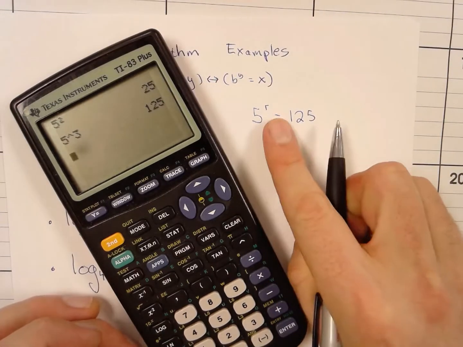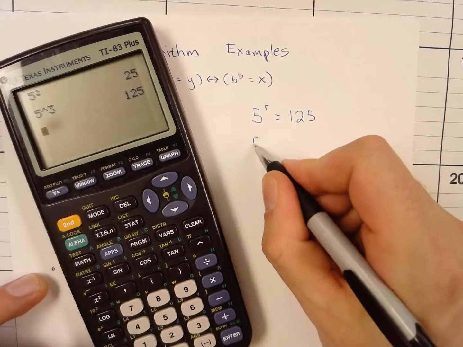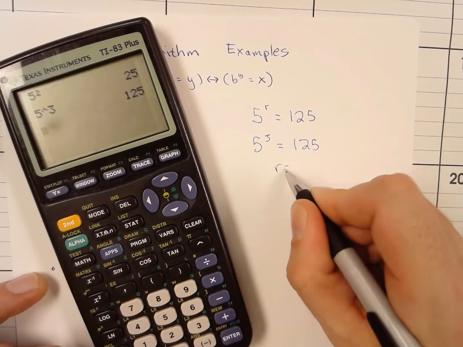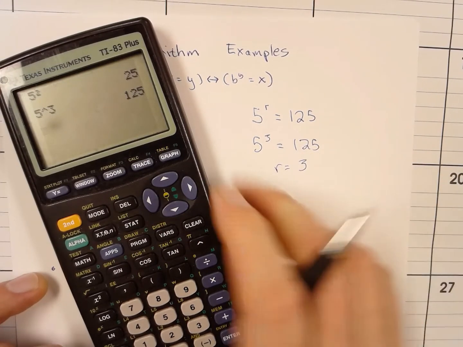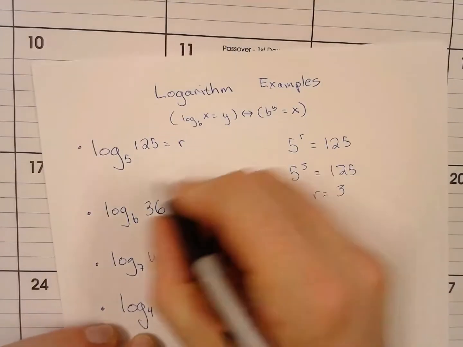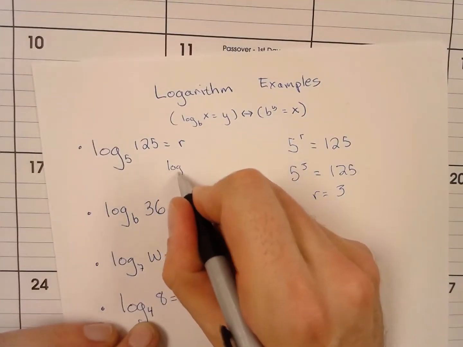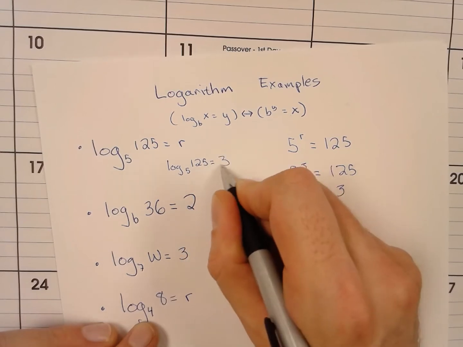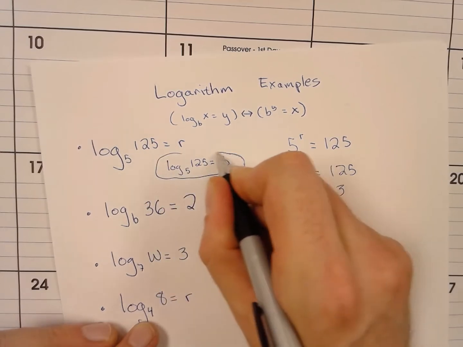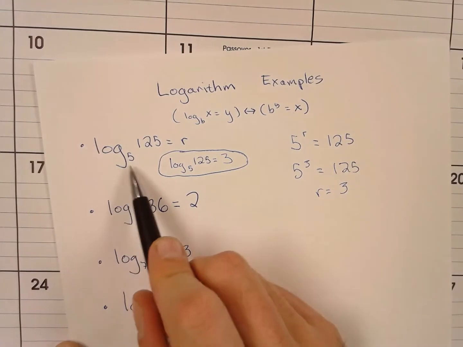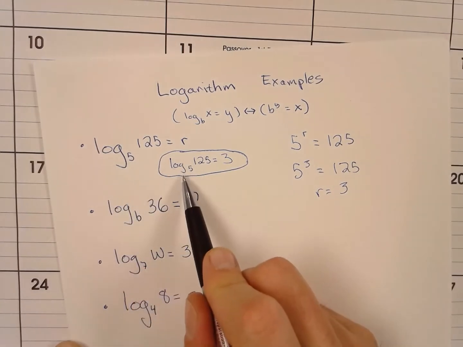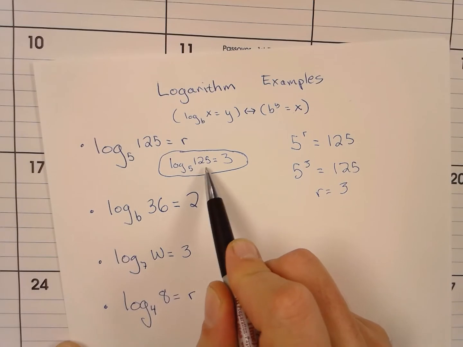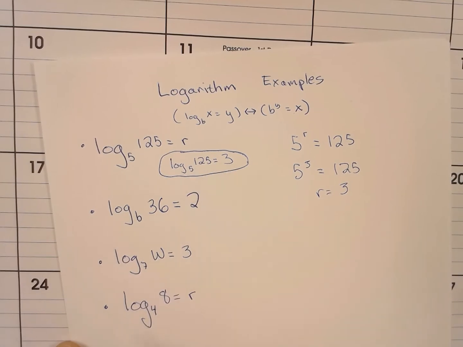So the only way that this could be true is if 5 cubed equals 125. Therefore, r equals 3. So log base 5 of 125 equals 3. This is effectively saying, once again, the exponent power I would have to raise 5 to get 125 is 3.